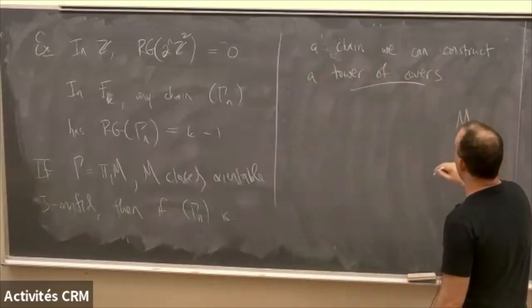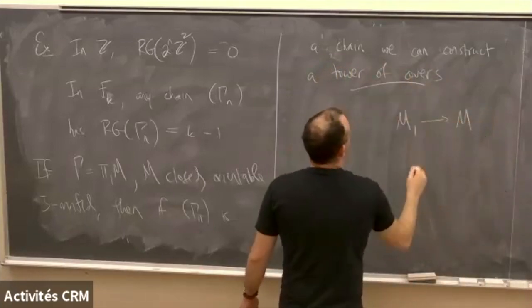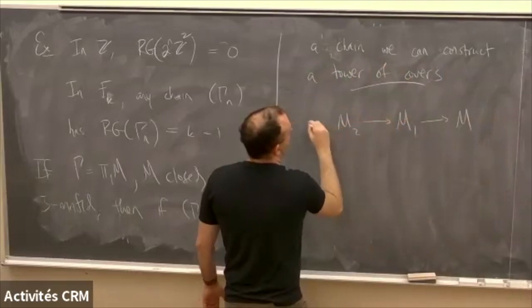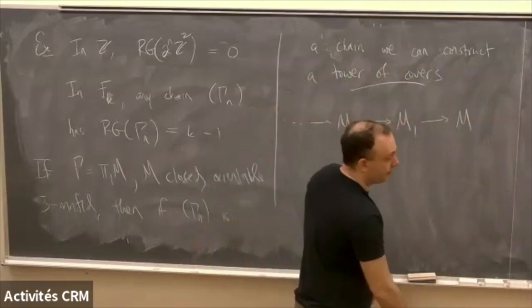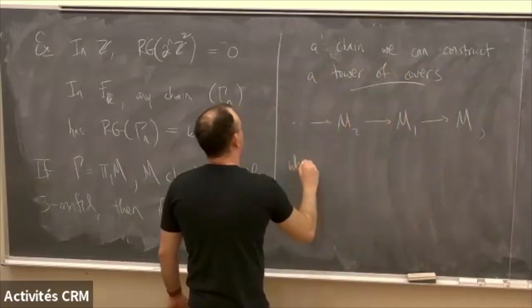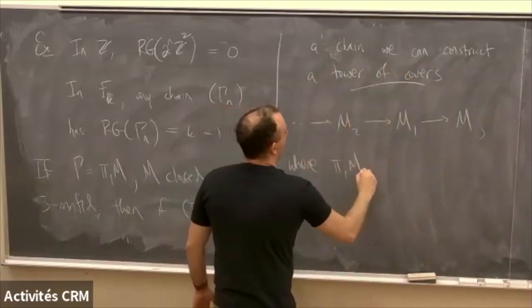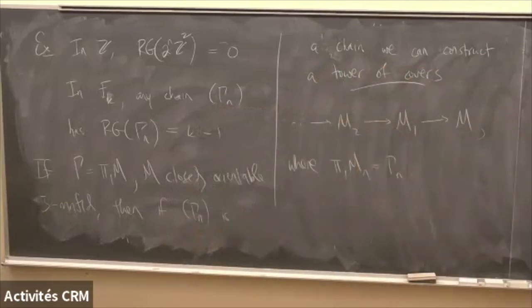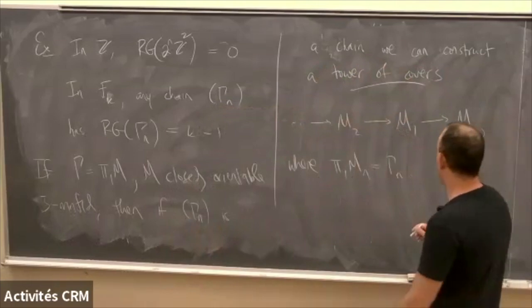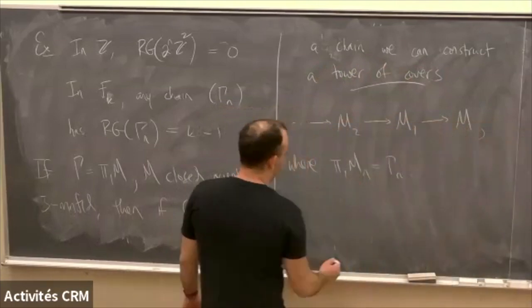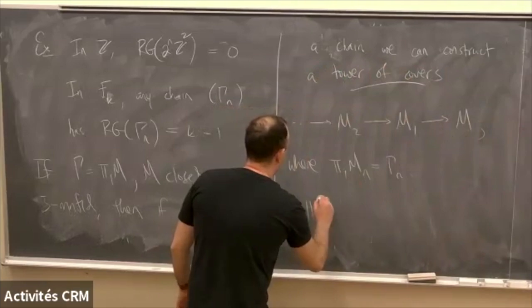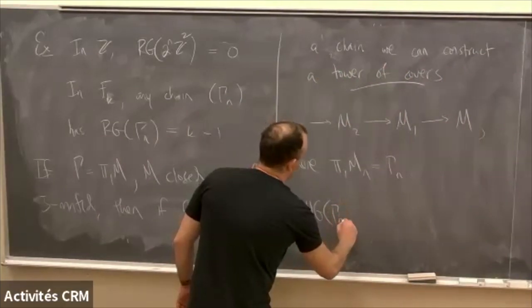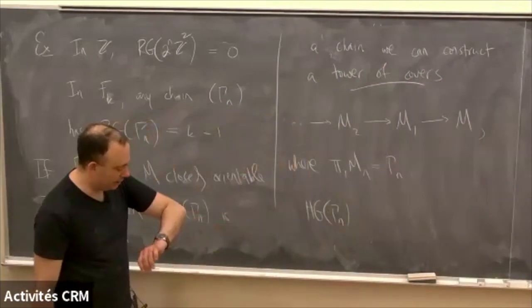You start out with M, covered by M_1, covered by M_2, and so on, where pi_1 of M_n is Gamma_n. And then we can define the Heegaard gradient of the sequence M_n, or the subgroups Gamma_n.